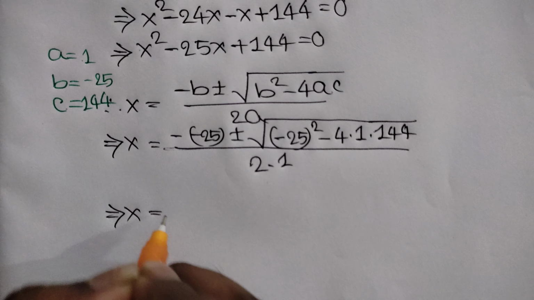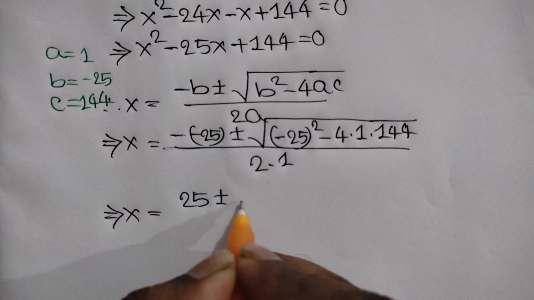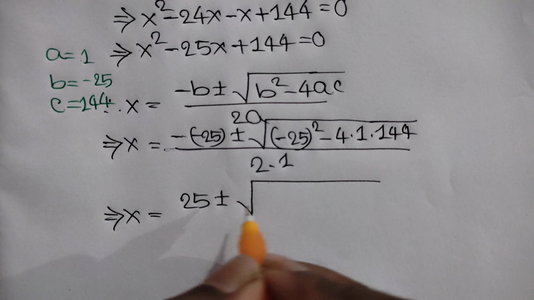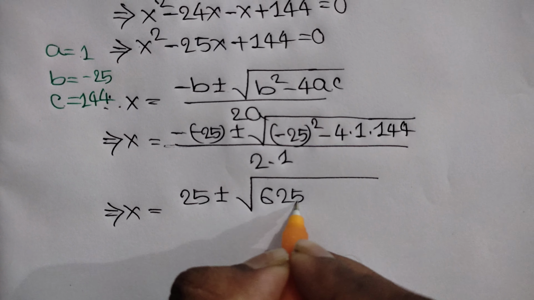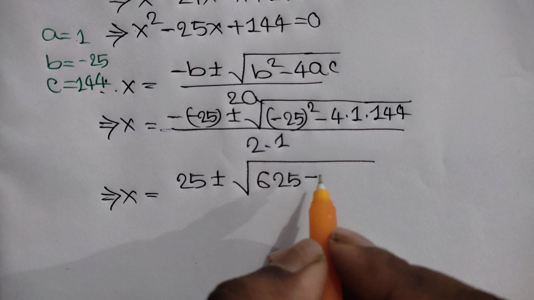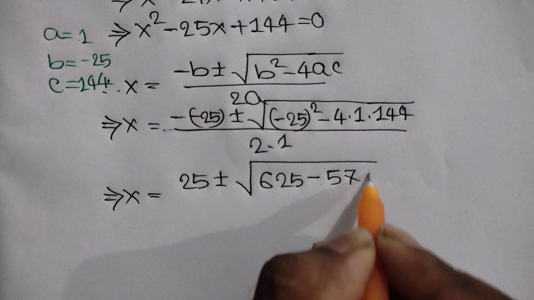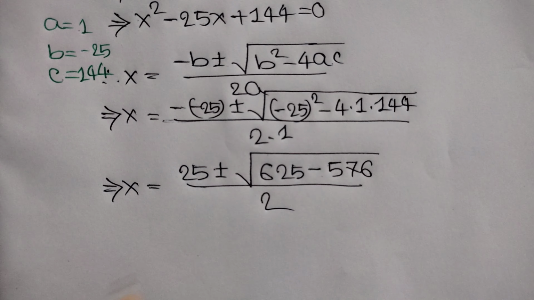Or x is equal to negative times negative is positive 25 plus or minus square root of 25 square, that means 625, minus 4 times 1 times 144, which is 576, over 2 times 1 is 2.